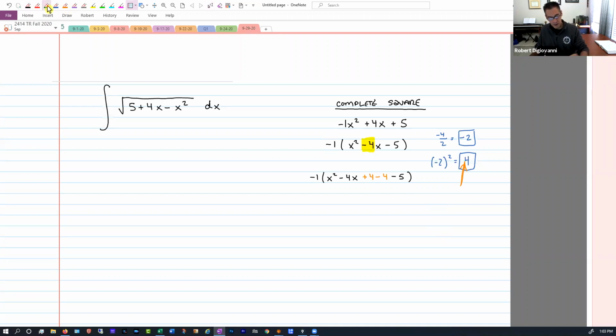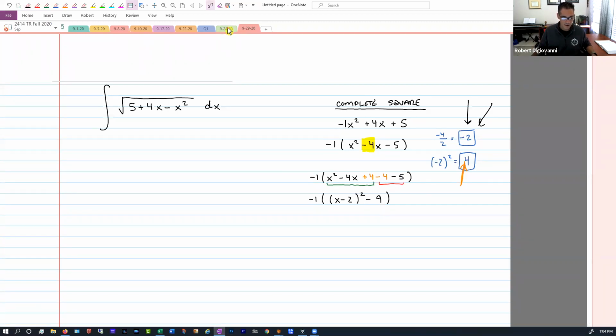Now, by design, the first 3 terms are guaranteed to factor to be a perfect square trinomial, which means that this becomes -1 parentheses, new set of parentheses, x, and then we use the number that we had here in the parentheses with the x, -2, and then squared. And then we have to put together the 2 constants that we have here, -4, -5, that's -9. And then close the parentheses. Okay, so there's where we are.